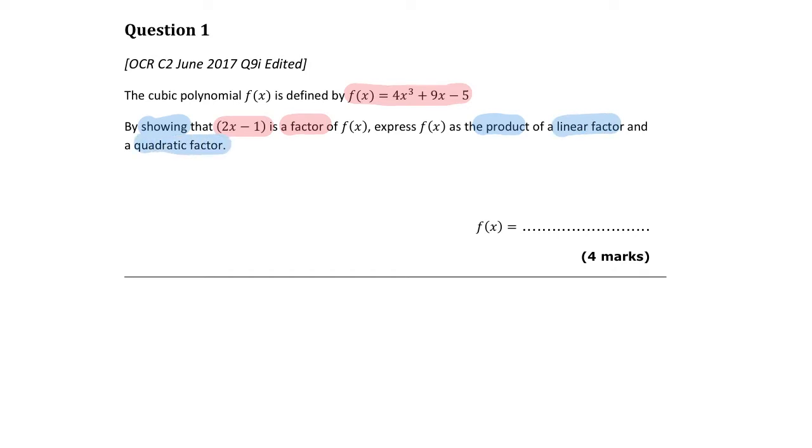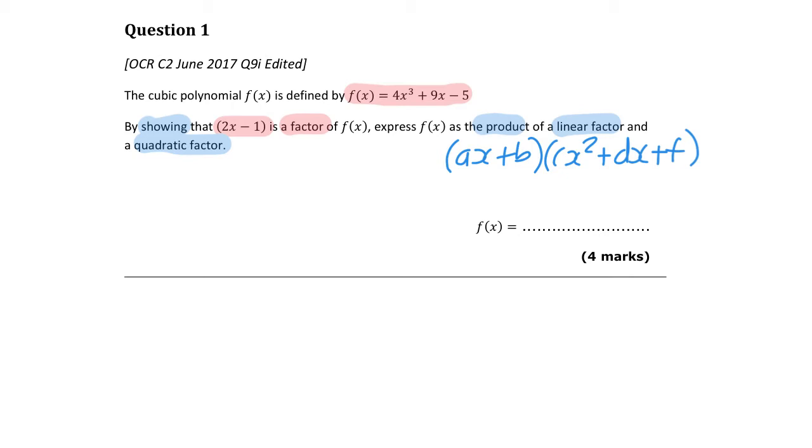So that means my answer is going to look like something x plus something, there's my linear factor, and I'll have a quadratic factor, so let's say cx squared plus dx plus, let's use f instead of e. So that's my key knowledge: I can write a cubic as a linear times a quadratic.